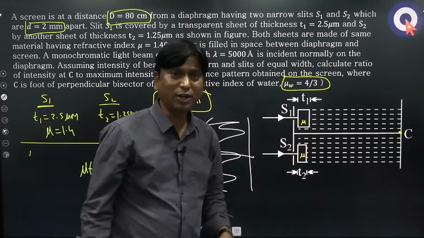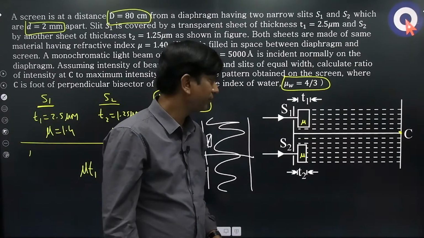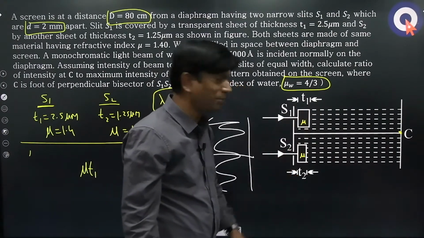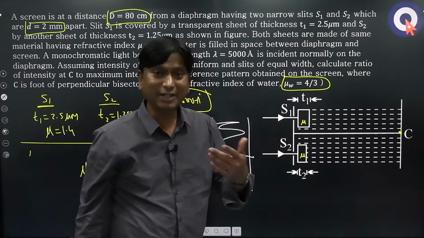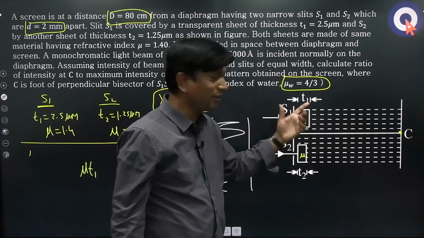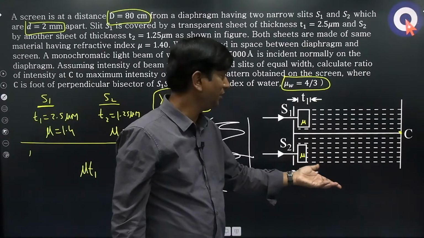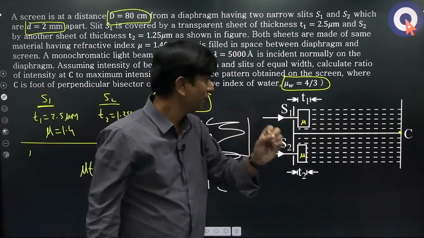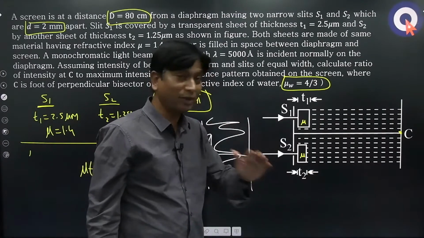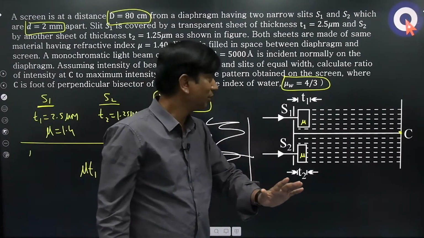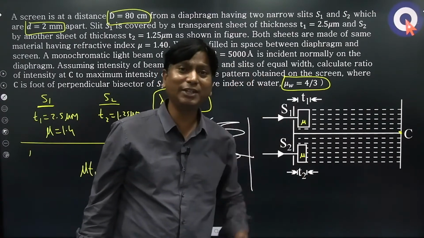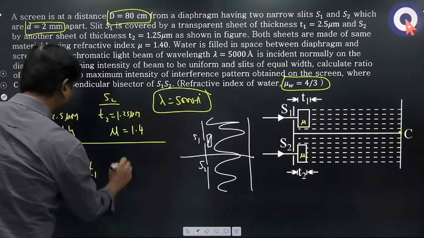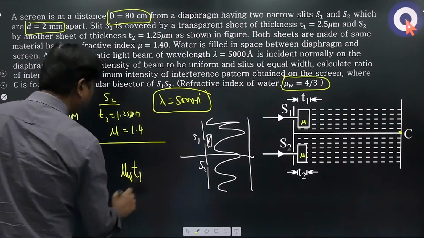If you take it in water, how much will that show? If the slab were not there, the wave would have covered the same distance in water. So how much distance was it covering in water? If the slab was not there, it will cover a distance of T1 only in water. So that is equivalent to how much distance in air? Nu of water into T1.